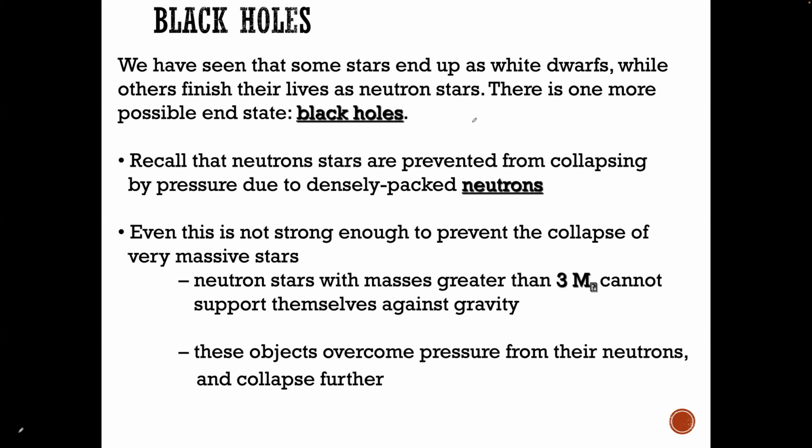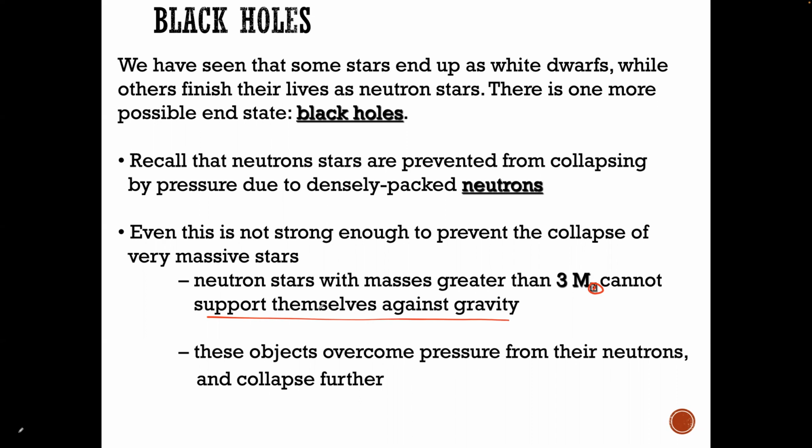And in this case, to show it as a number, if you have a neutron star with a mass greater than 3 solar masses, remember, what I am talking about here is only the neutron star, not the initial mass of the star, then the neutron degenerate pressure cannot support it. These types of stars cannot support themselves against gravity. So the neutron degenerate pressure is not enough to stop the gravitational collapse if the mass of the neutron star is greater than 3 solar masses.